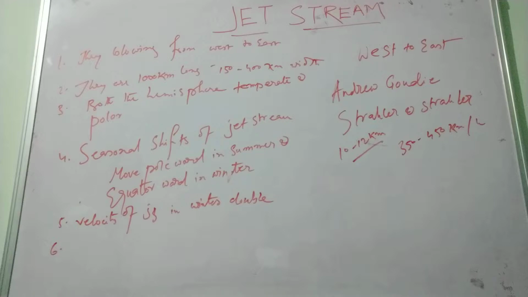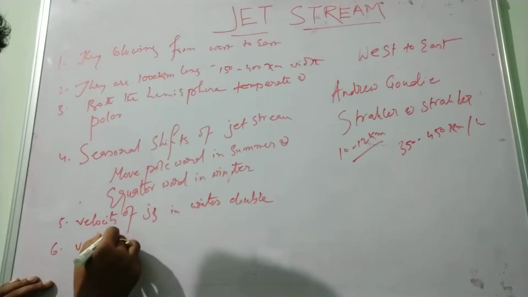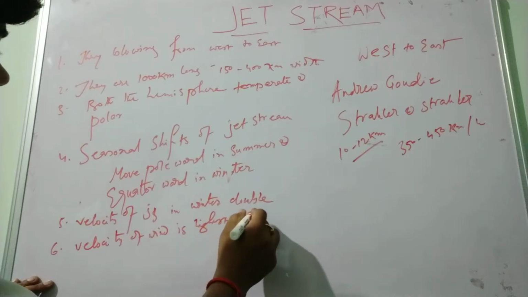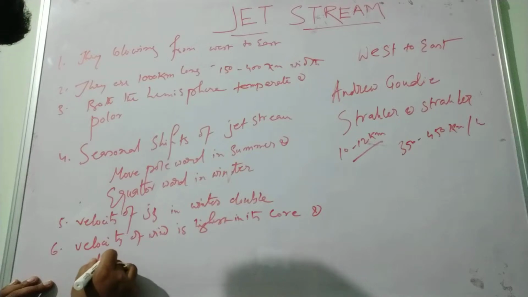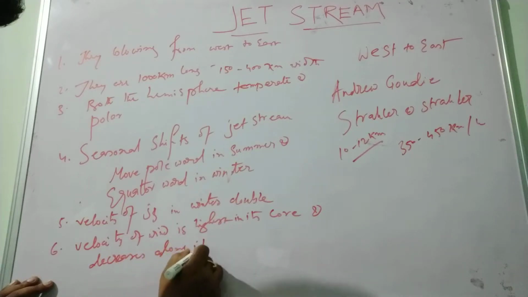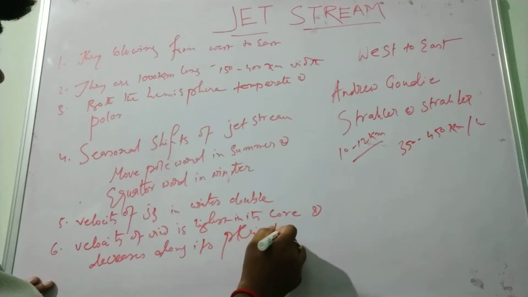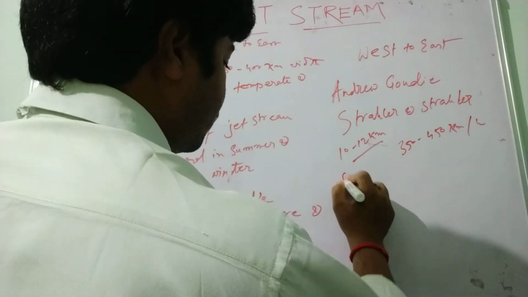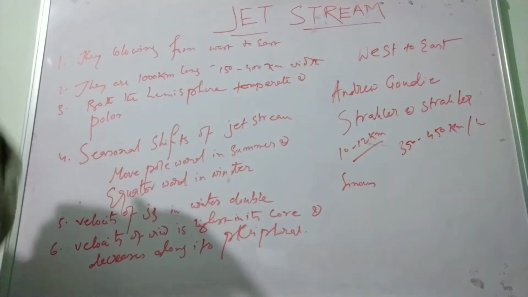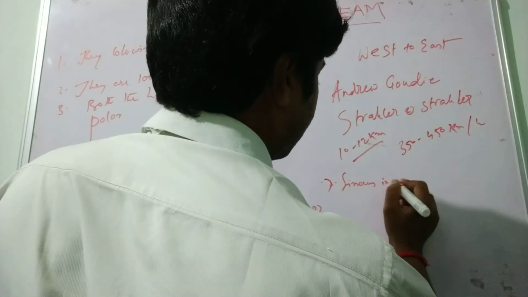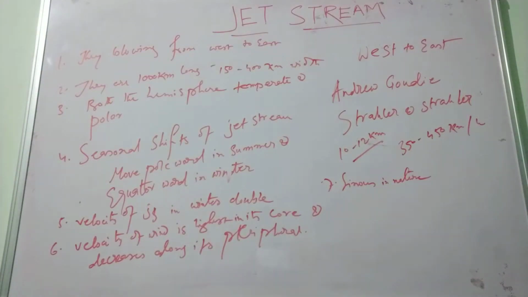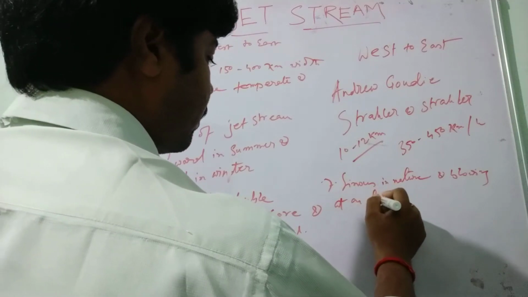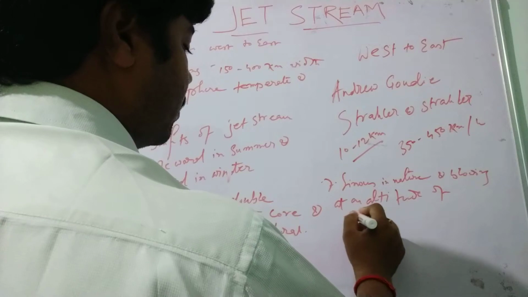Sixth, the velocity of wind is highest in its core and decreases along its periphery. Jet streams are usually sinuous and blowing at an altitude of (30 to 35 degree).